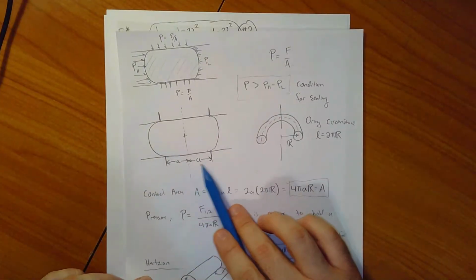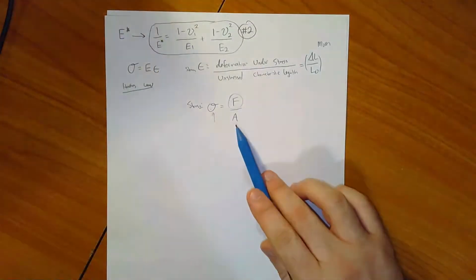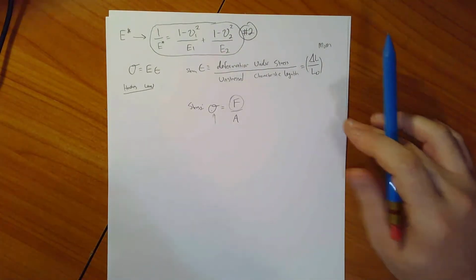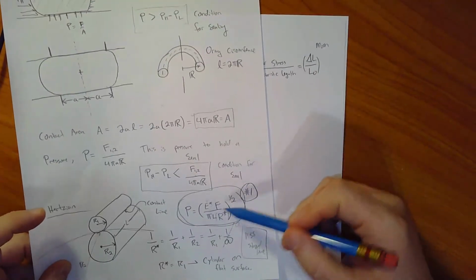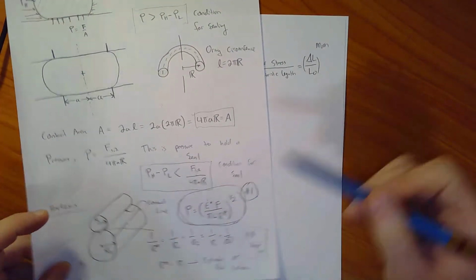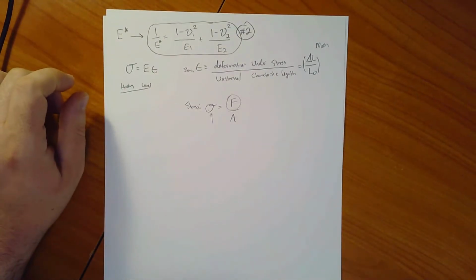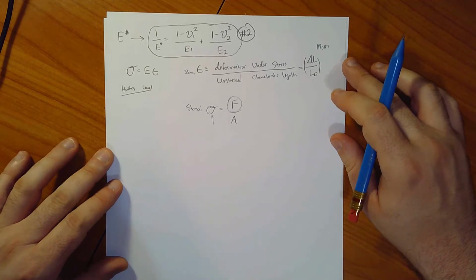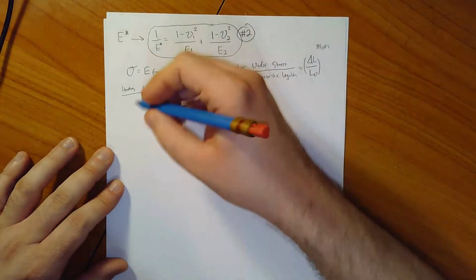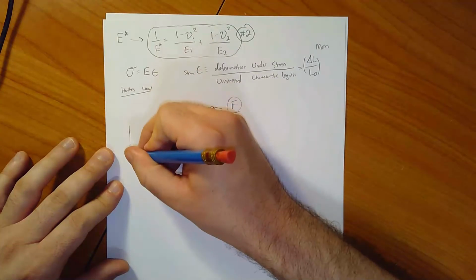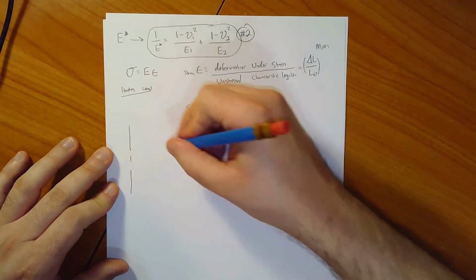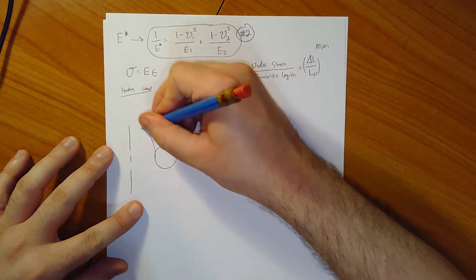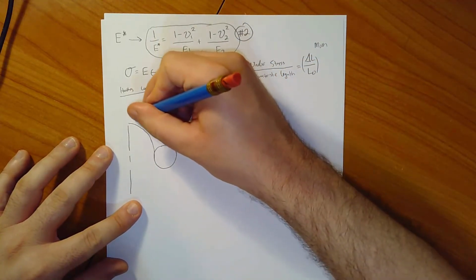So I really need to figure out what this lowercase a is to get to this area, to plug into equation number 3 that I can stick in here and solve equation number 1 for a relationship between pressure and force. I'm going to need some clever math to do that. So I'll draw the geometry again. Here's my cross section of my O-ring, and of course it shoots off into perspective there.